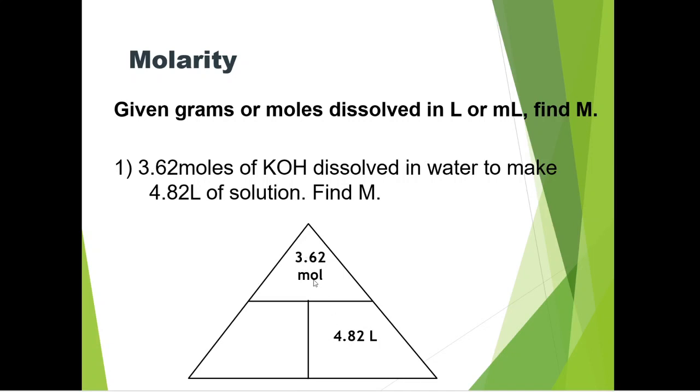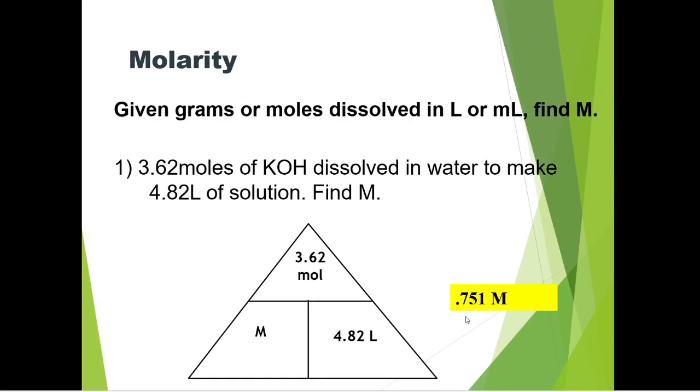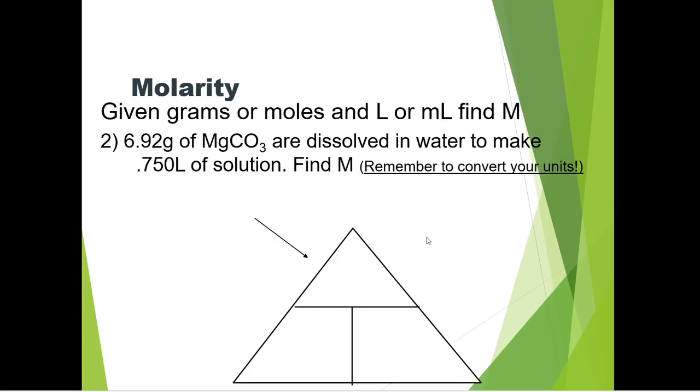Notice they are separated by this line, so you divide them. It's 3.62 divided by 4.82 to find the molarity, and it would be, oops, I missed it, 0.751. So 3.62 divided by 4.82 gets you 0.751 molarity.